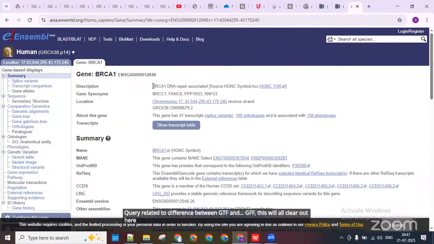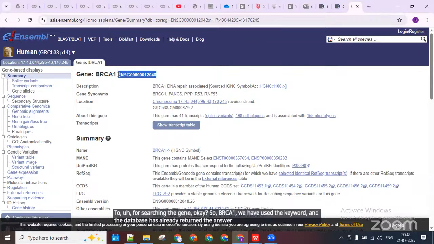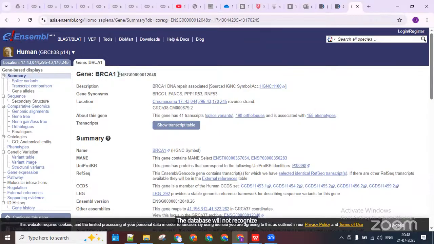So this is the gene that we have, and each database has its specific type of IDs for searching the gene. For BRCA1 we used the keyword and the database has already returned the answer. But sometimes the database will not recognize BRCA1; it will recognize only the ID that it uses.